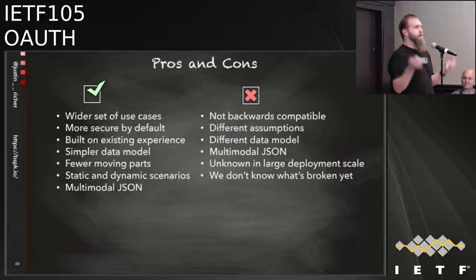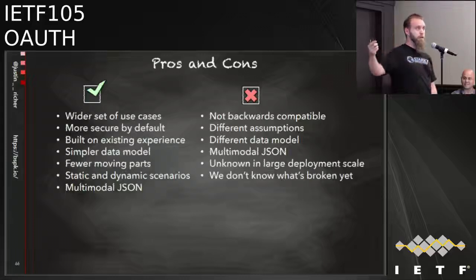Cons, biggest one, it is not backwards compatible. This is not OAuth 2. It's just not. We can do a lot of the things that this protocol does with OAuth 2 as a base. We're already seeing it with FAPI resource object registration. We're seeing it with DPoP.